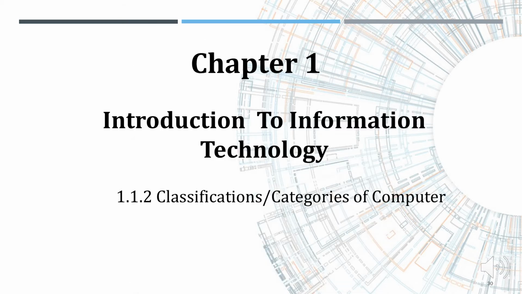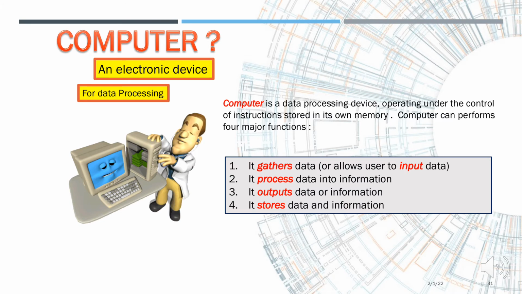Next is the types of computer. We are focused more on what the types of computer are. For this topic, first you have to know what a computer is. A computer is actually an electronic machine which has four major functions. First, gather the data. Once they get the data, they process the data into information.